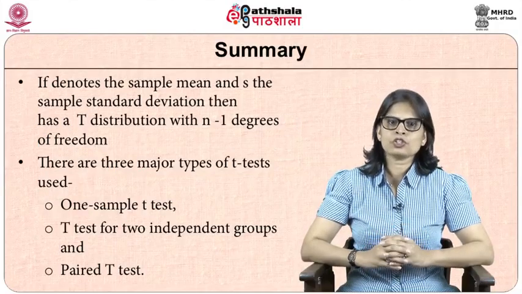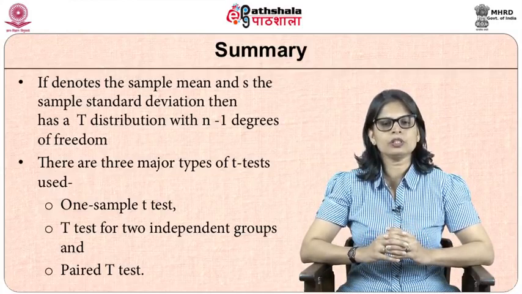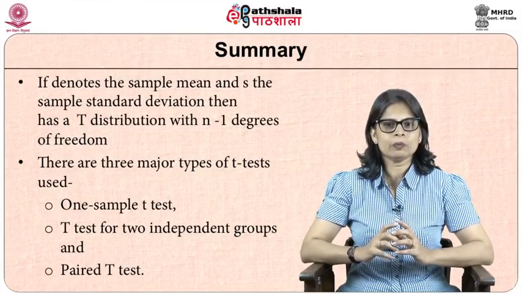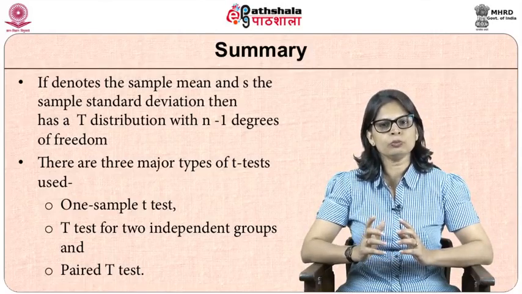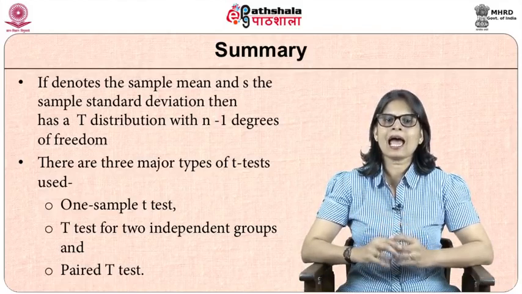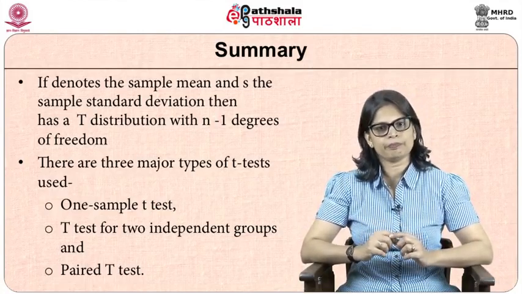If x bar is your sample mean and s is the sample standard deviation, then the t statistic is given by t equal to x bar minus mu upon s by root n. This t has a t distribution with n minus 1 degrees of freedom.